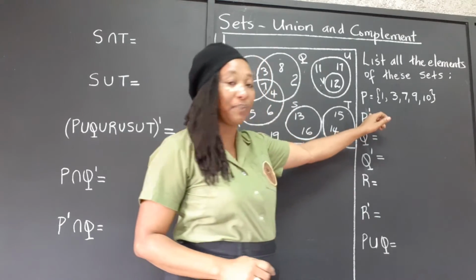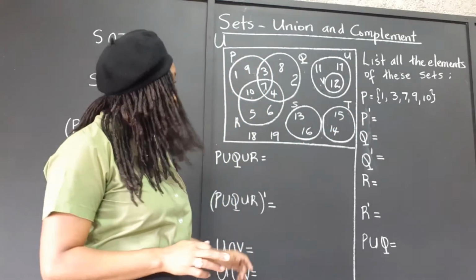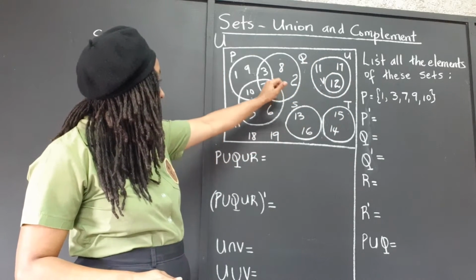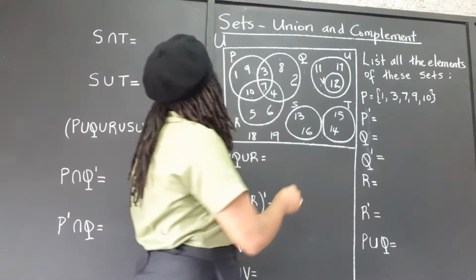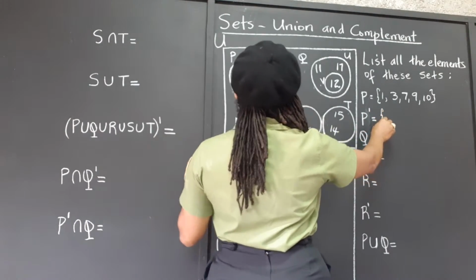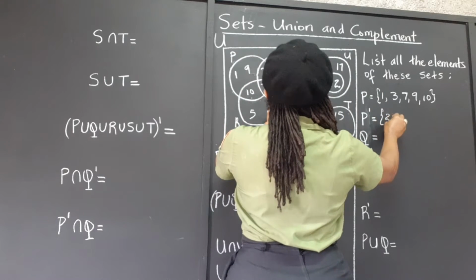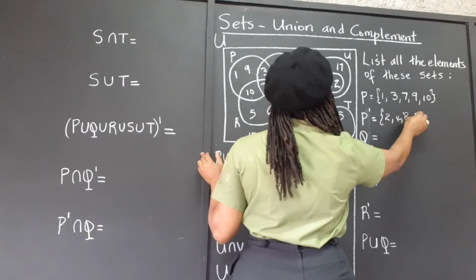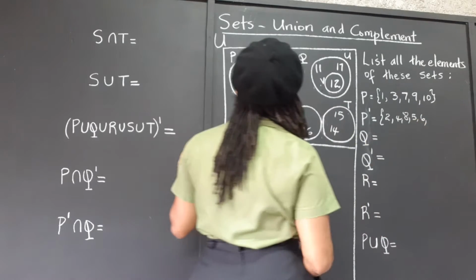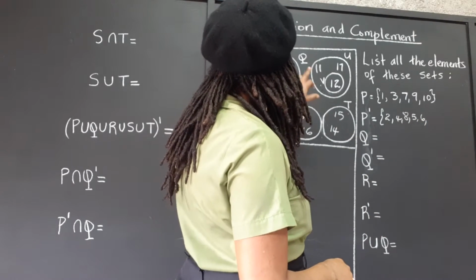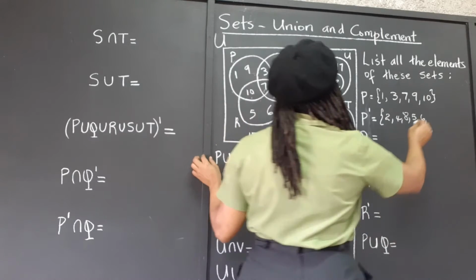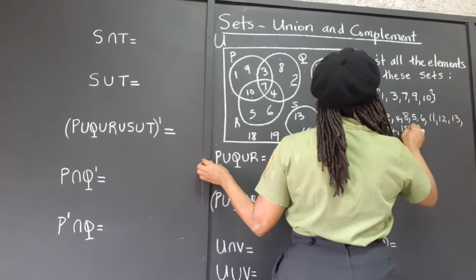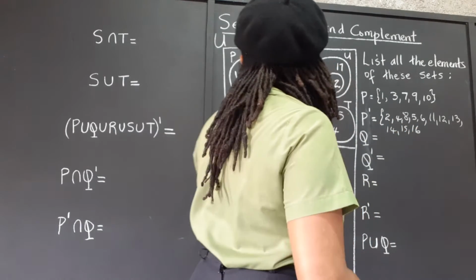For P complement now, what's not in P, it will be everything out here. Once it's not in the P circle, it's P complement. So we have 2, 4, 8, 5, 6. We have 11, 12, 13, 14, 15, 16, 17, 18, and 19.